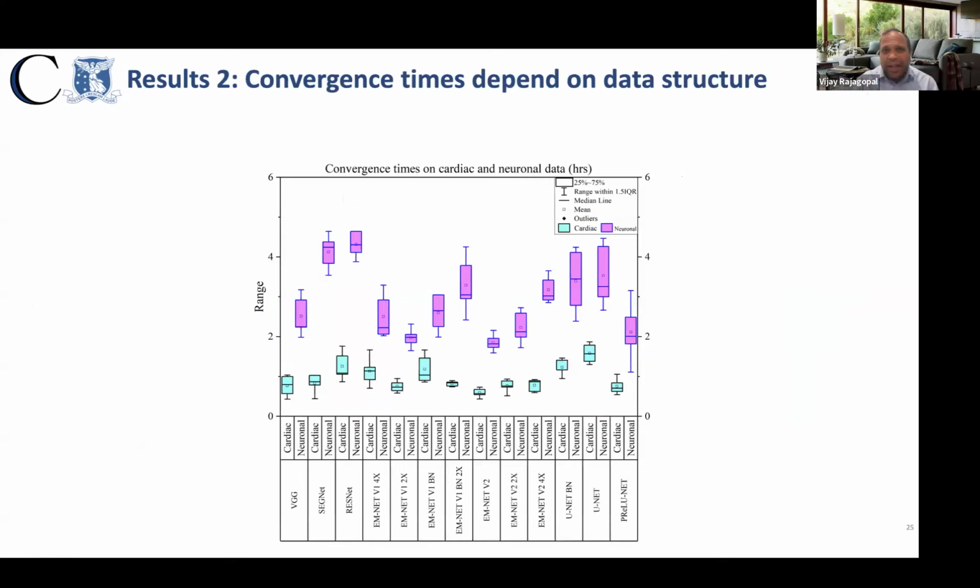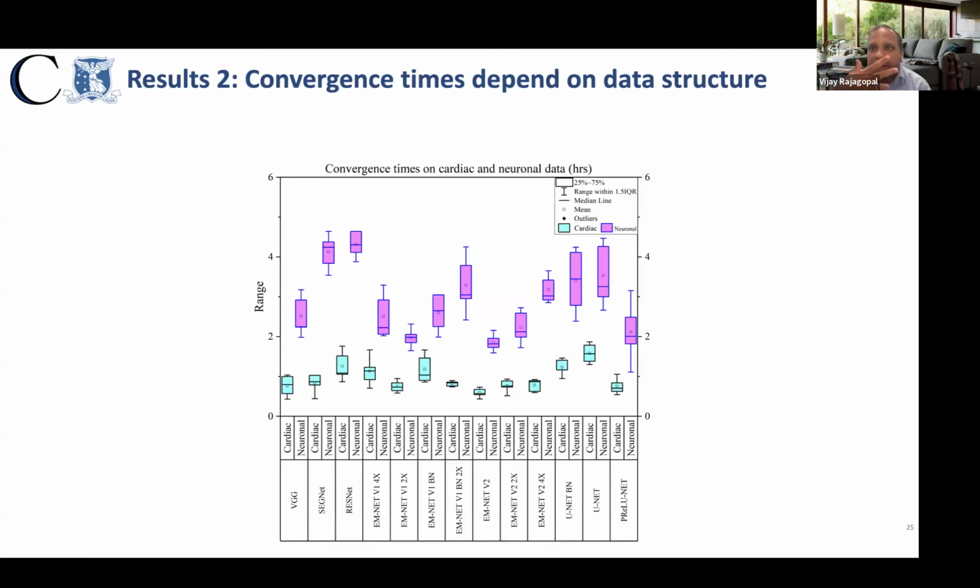We also looked at convergence times of these models, and you can see the blue ones are the cardiac ones, and the pink ones are your neuronal tissue ones. And right away, you can see that the convergence times are certainly smaller for the cardiac data set than the neuronal data set.